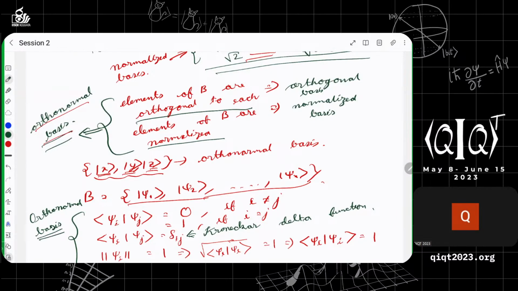And the Kronecker delta function is exactly what we have written here. It's 0 if i is not equal to j, it's 1 if i equals j. So it is a useful notation, and in calculations it becomes very useful. So it's a good notation to know.